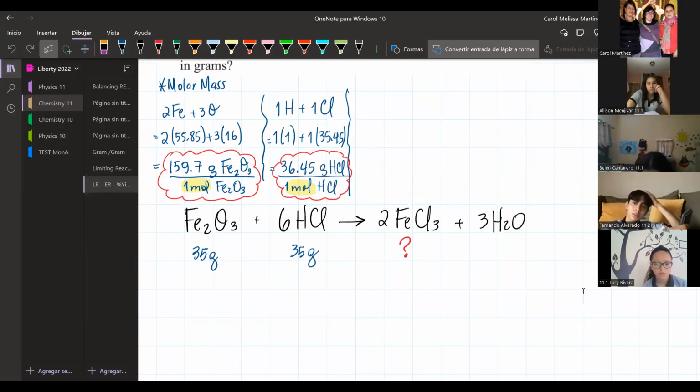I'm sorry I'm being this messy. This procedure requires a lot of work, so I need to finish. The other molar mass that you have to get is iron 3 chloride.